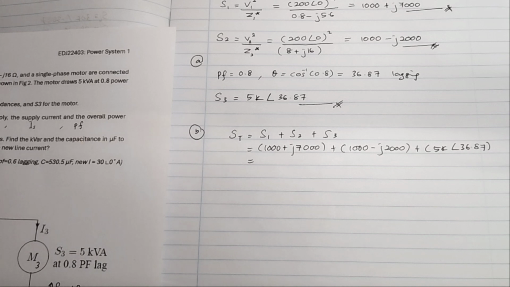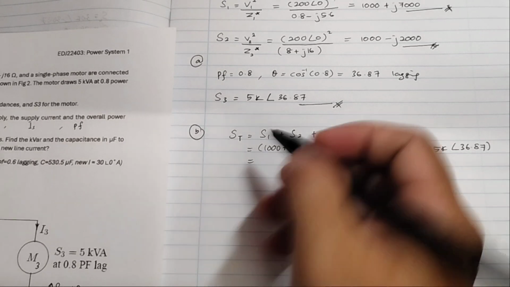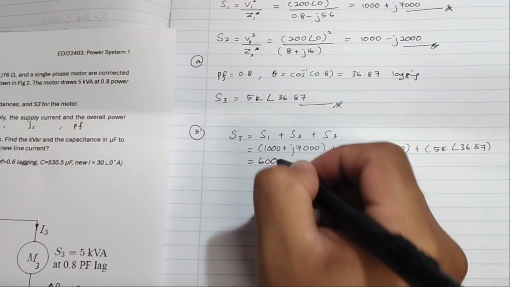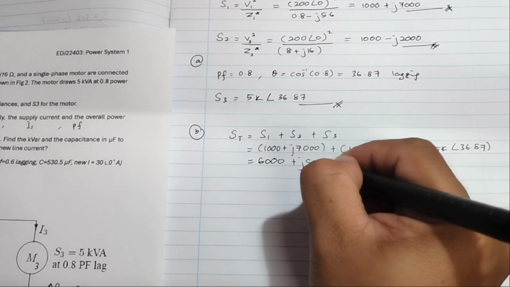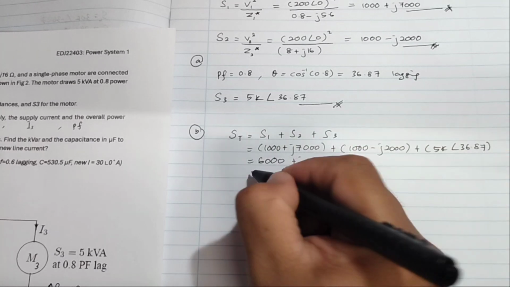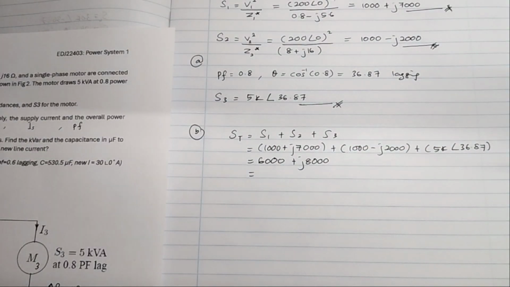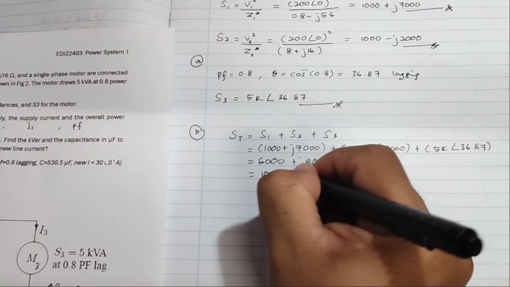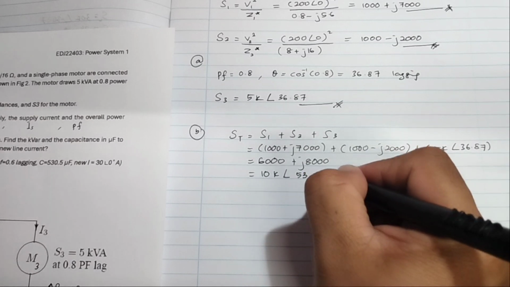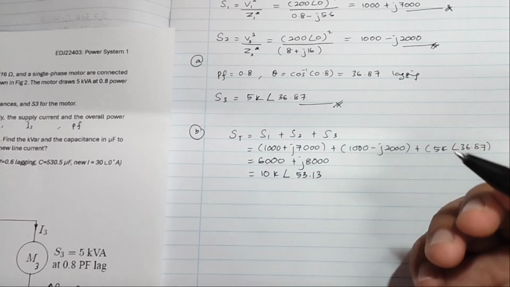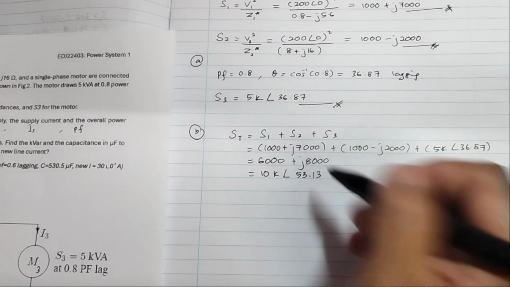Okay, akan dapat sini 6000 plus j8000. Ataupun tukar kepada sudut, akan dapat 10K sudut 53.13. Okay, so ST dah dapat.